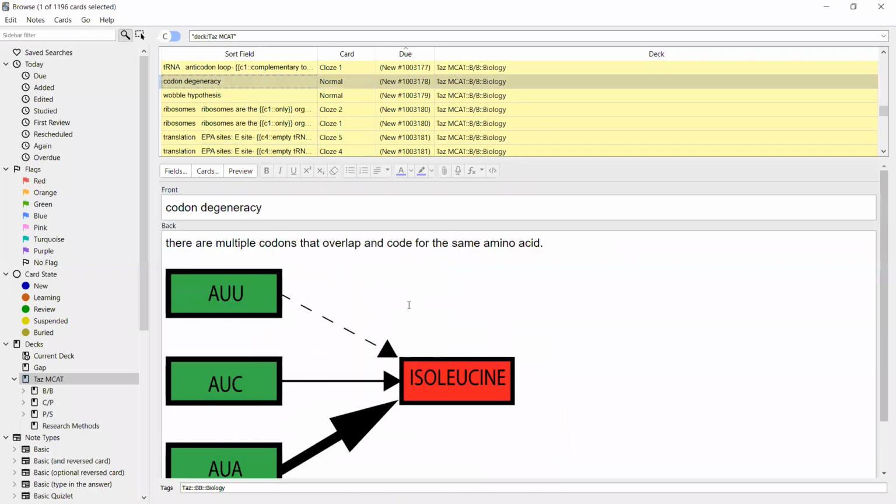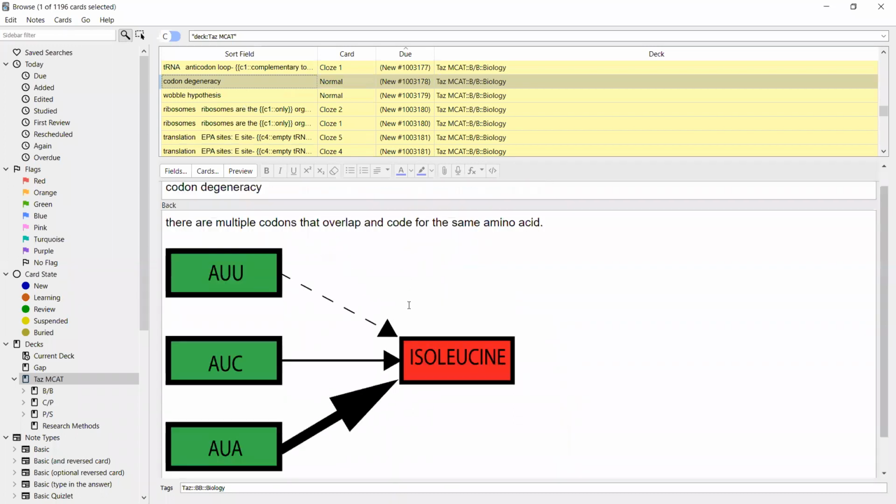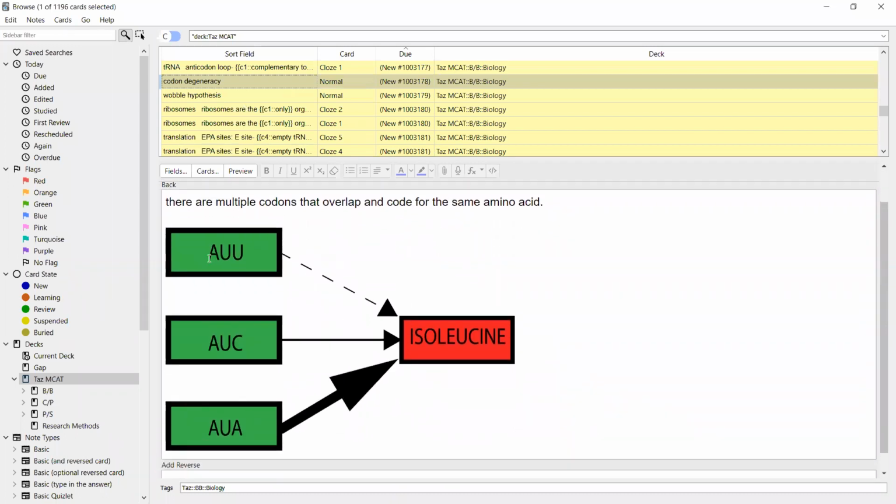Codon degeneracy is the idea that multiple codons can lead to the same amino acid. This is good because if these codons were really specific, we would have more mutations. If all three positions led to something different, more mutations would occur.